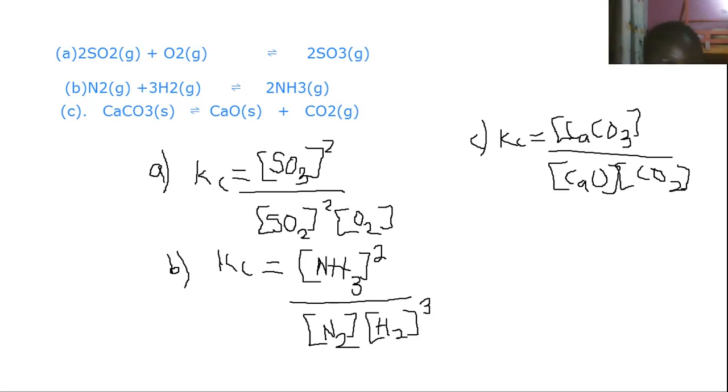For a spontaneous reaction, delta G is negative.